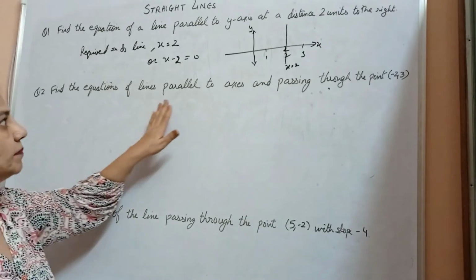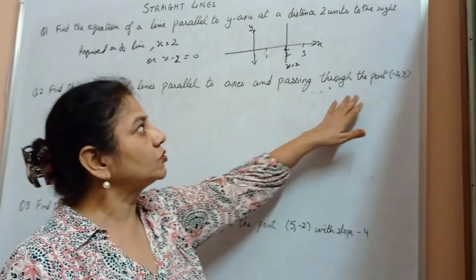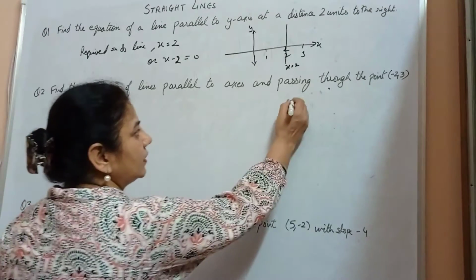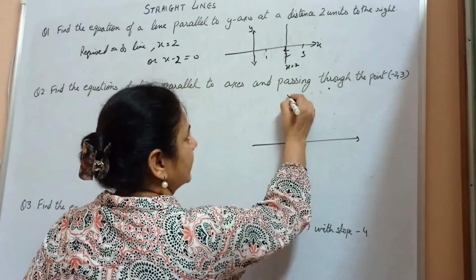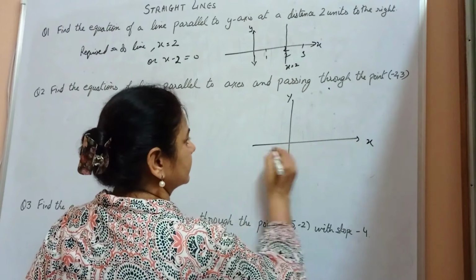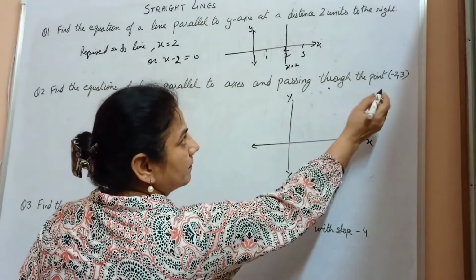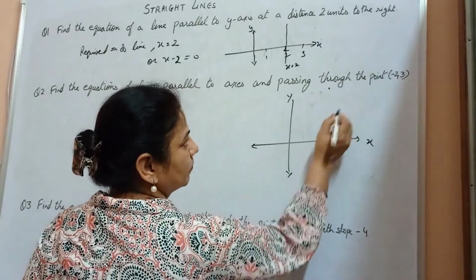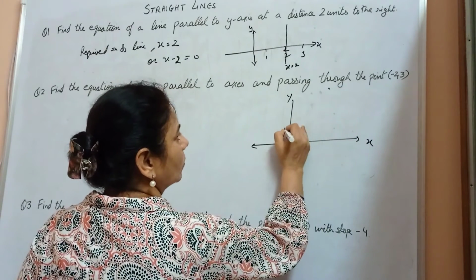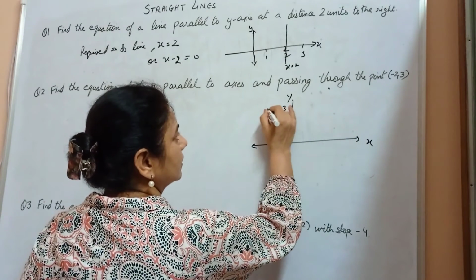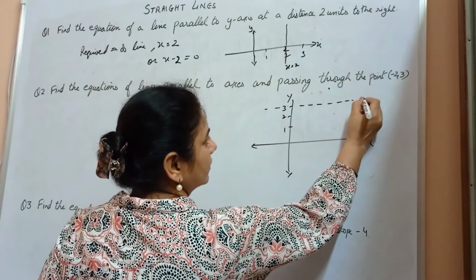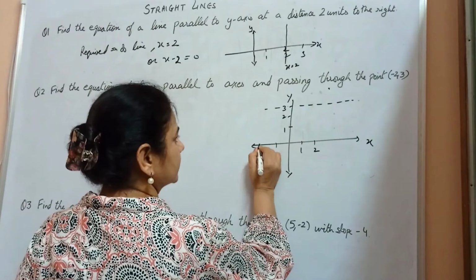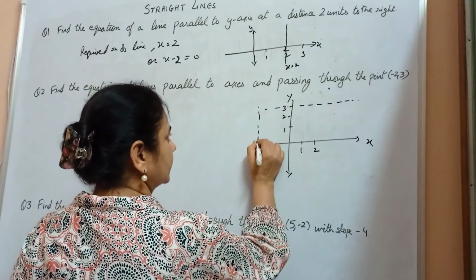Find the equation of a line parallel to the axis and passing through the point minus 2, 3. Since any line parallel to the axis, this is the y-axis and this is the x-axis. The point is given to us as 3, say 1, 2, 3. One line is this, and 1, 2, minus 1, minus 2, the other line is like this.